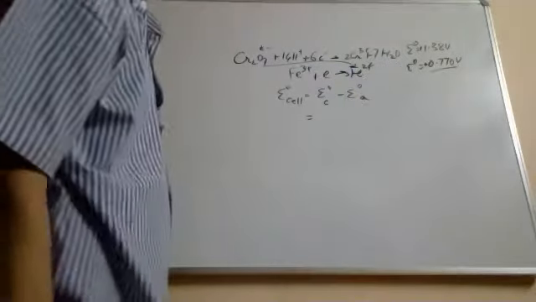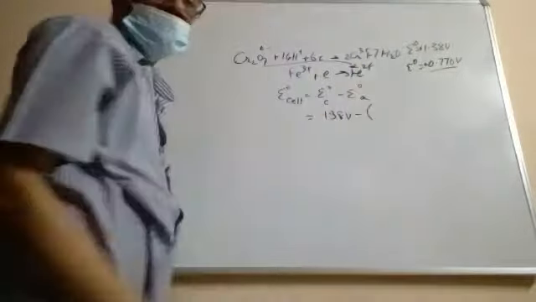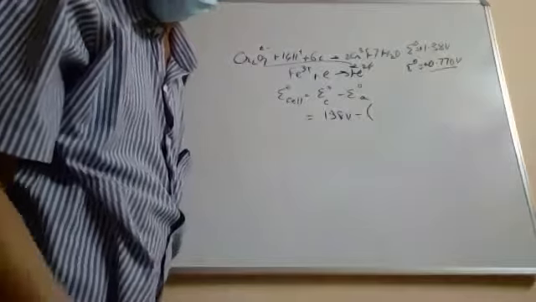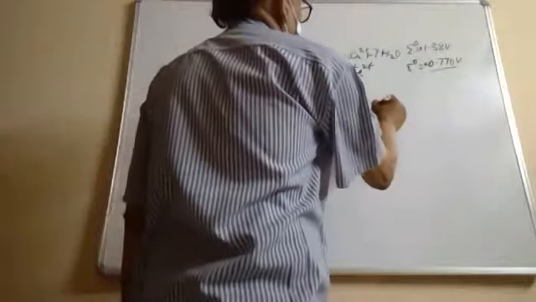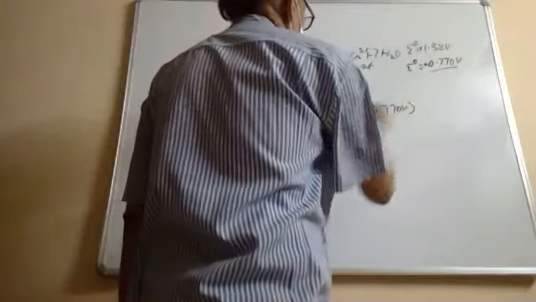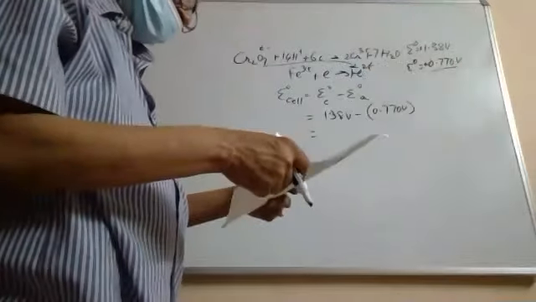So the cathode is 1.38 volts minus the anode, which is the oxidation of iron 2+ to iron 3+. You're basically flipping the reaction. When you do that, the cell potential changes its sign. That's why we put a negative here, plus 0.770 volts.